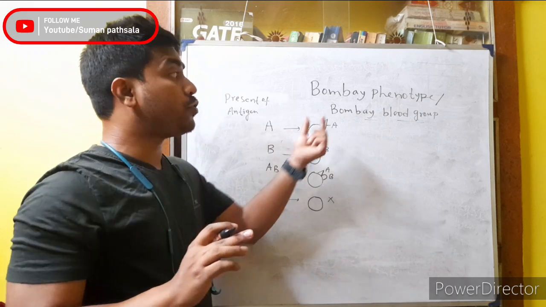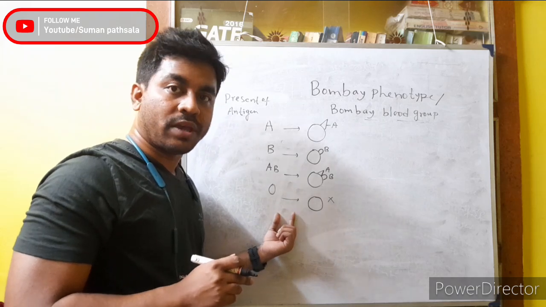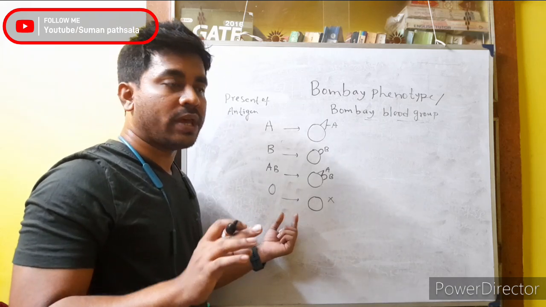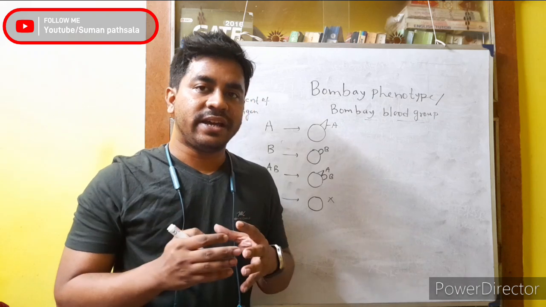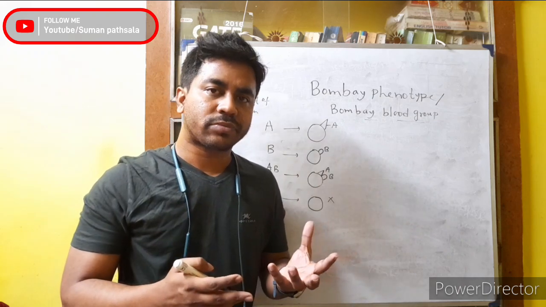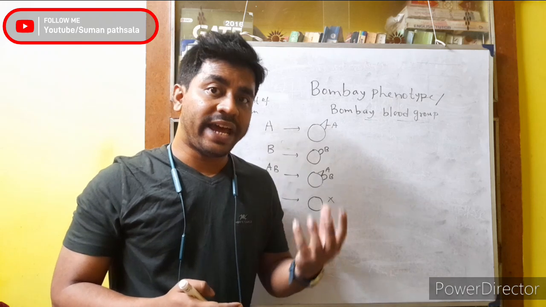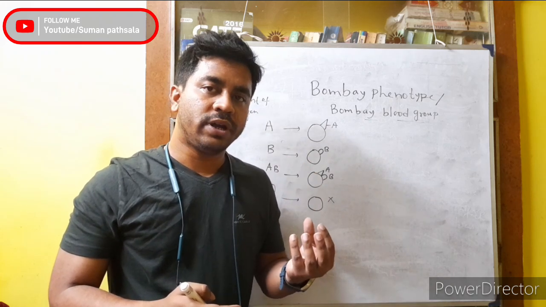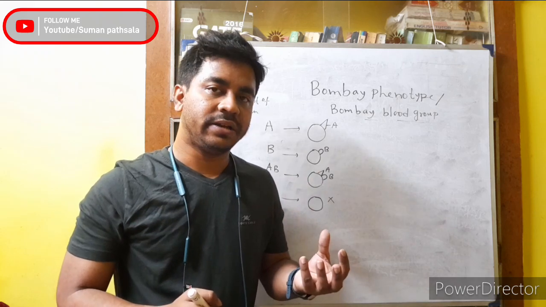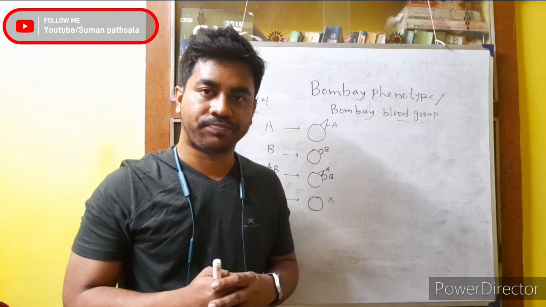So today we talk about the Bombay blood group. It is the same as O, but it's not O. Actually, what happened is that a person was discovered in Bombay who has the antigen, but this antigen is not functional.